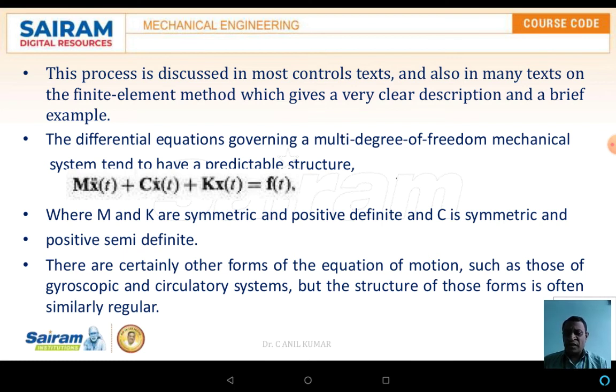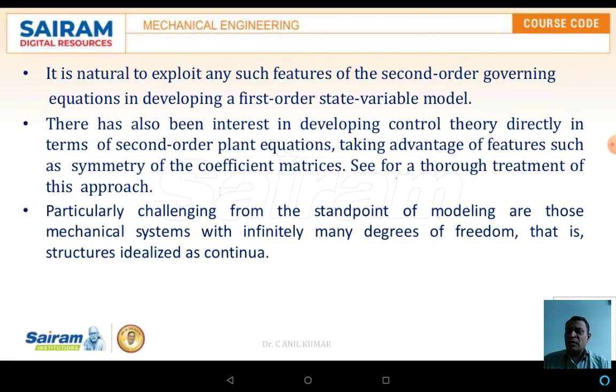There are certainly other forms of equations of motion, such as those of gyroscopic as well as circulatory systems, but the structure of those forms is often similarly regular. It is natural to exploit such features in the second order governing equations rather than developing first order state variable models.